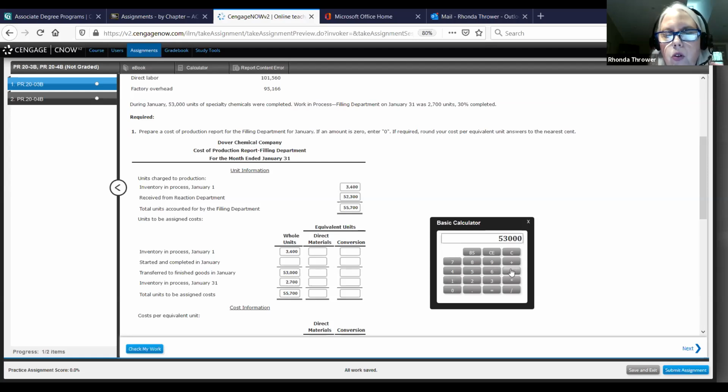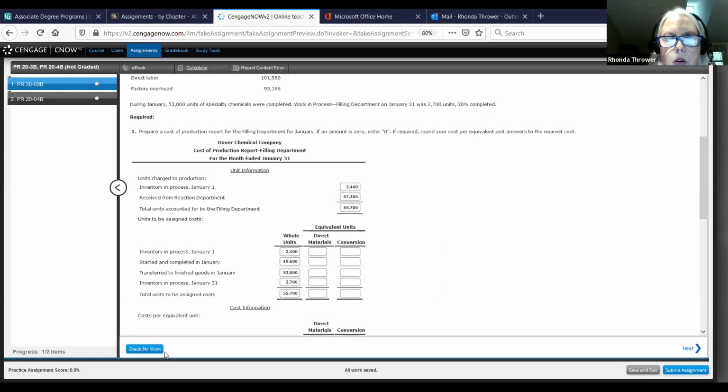So if I subtract 3,400 beginning inventory units from what I had transferred out, it's going to give me 49,600 units.